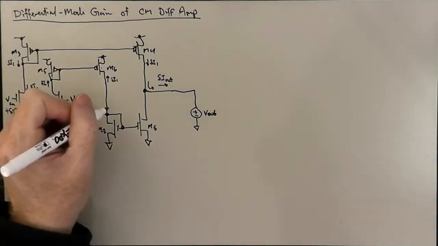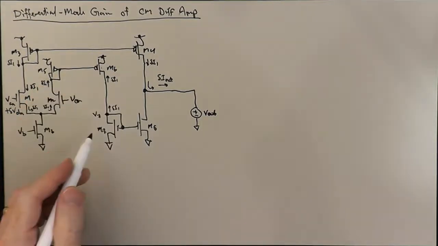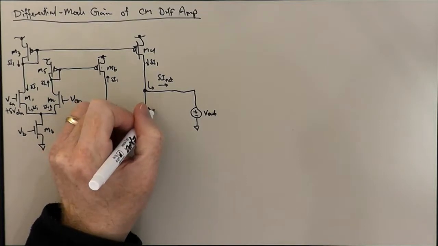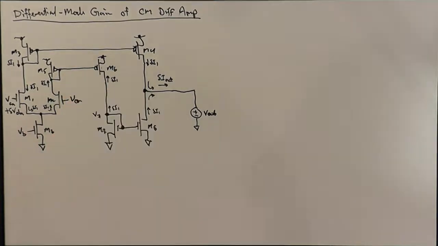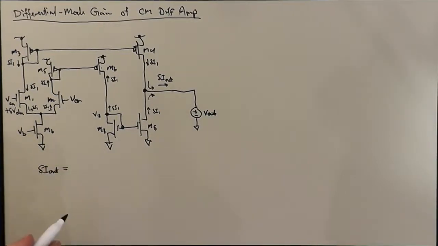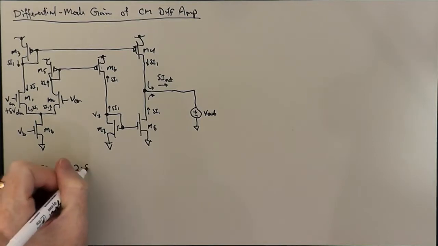It's going to flow out of the M7, M8 current mirror, be mirrored by M8, and that's also going to have to come out through the output of the circuit. And so delta I out, just like the case of the 5 transistor diff amp, is going to be 2 times delta I1.